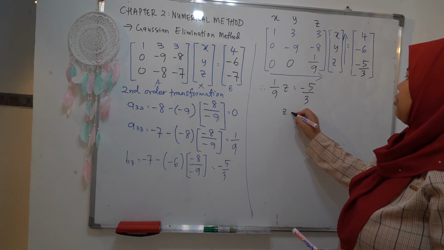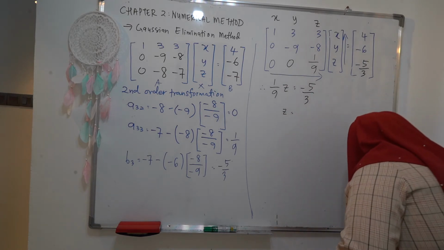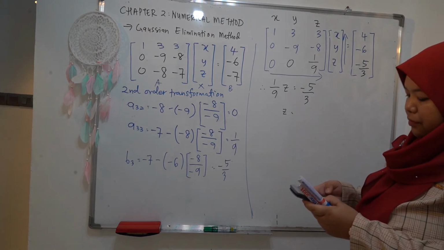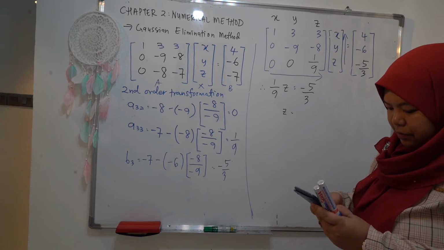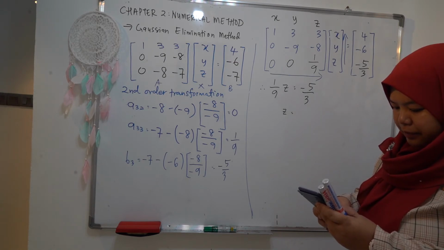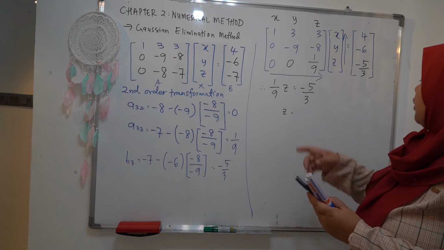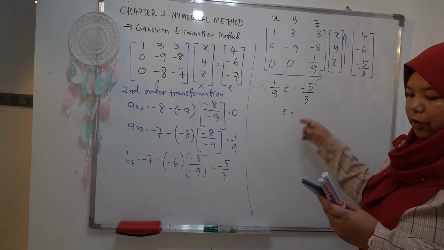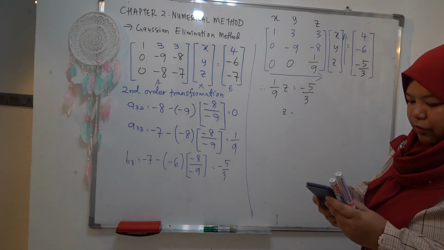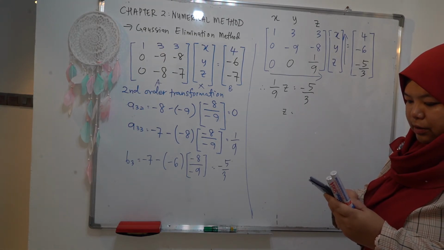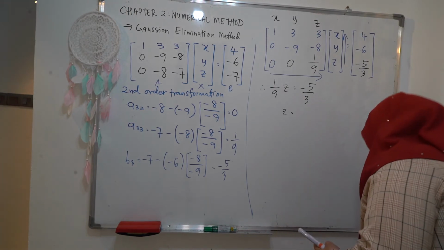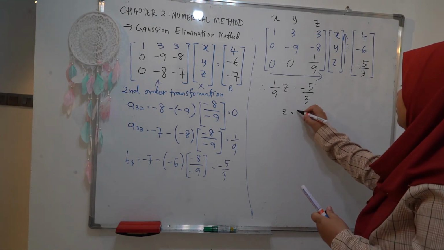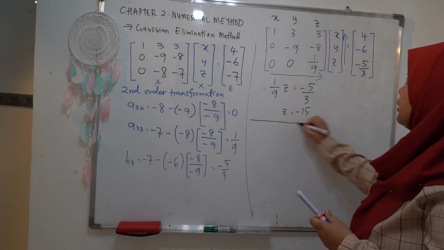So z equals, take your calculator, -5/3 divided by 1/9. So I got -15. So this is z.